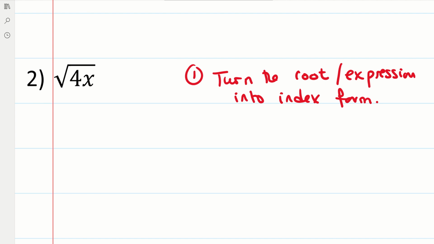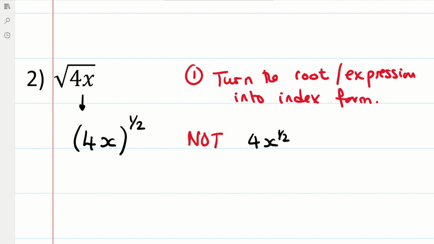Okay, so that's laws of indices. Square root is the power of x. So this means 4x all to the power of a half. What it's not is 4x to the power of half. It's not just the x that's the power of a half, it's all of it. 4x is to the power of a half.